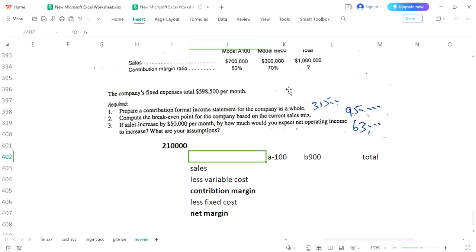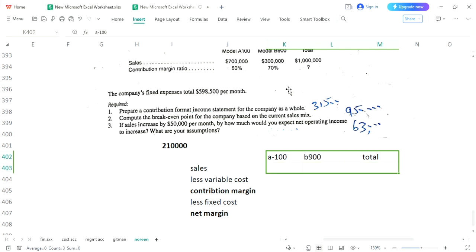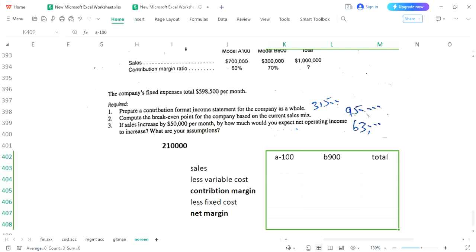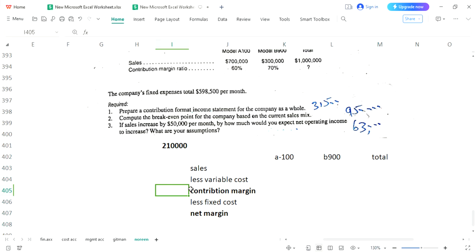So what actually we are going to do, we will be putting sale of A100, and then we will be putting sale of B900, and then finally we will add the sale of both A100 and B900 and write it over here. In this way we can complete our income statement.